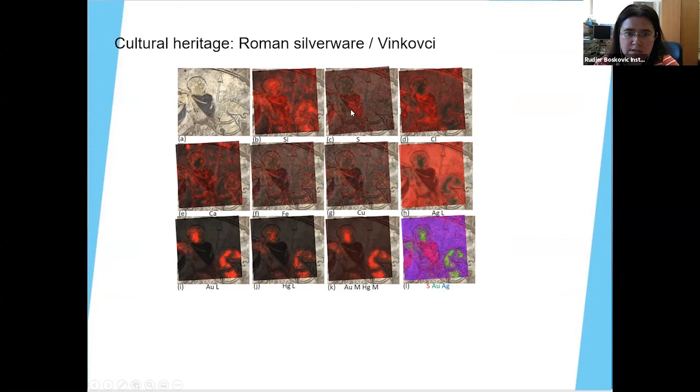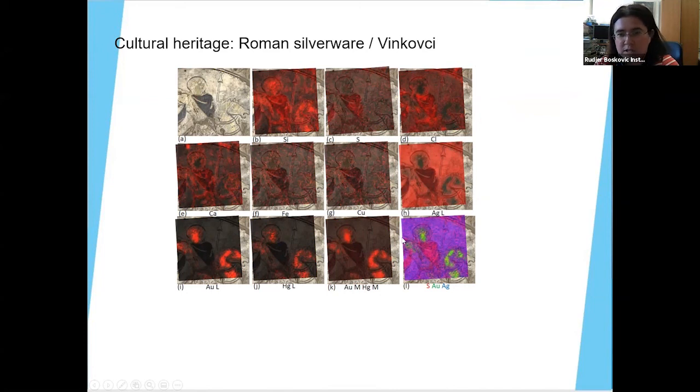Also, elevated levels of sulfur were found in the position of the shield. And also silicon, chlorine, and calcium are mainly localized in the engraved areas, which is the consequence of impurities, because this dish was for a long period buried in the ground.